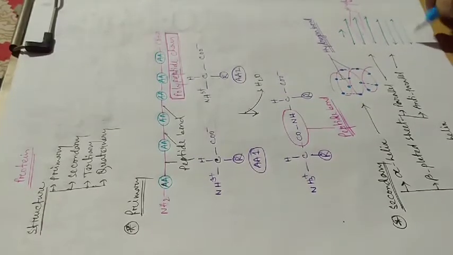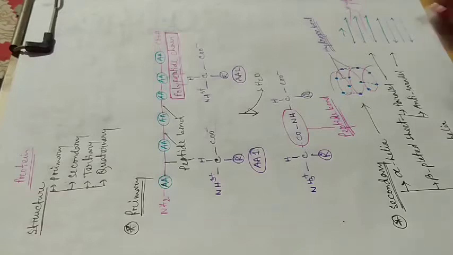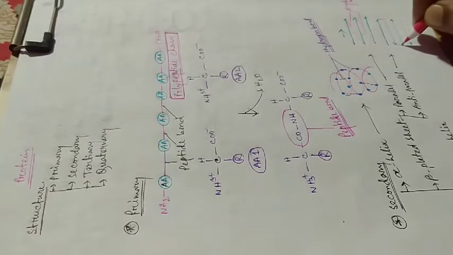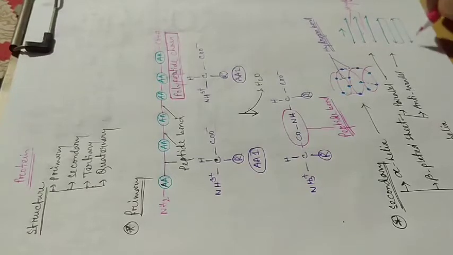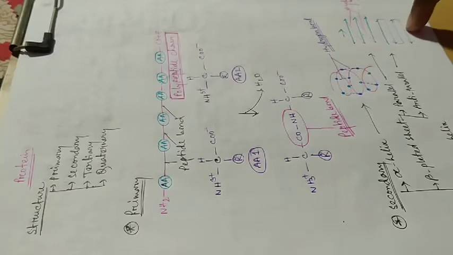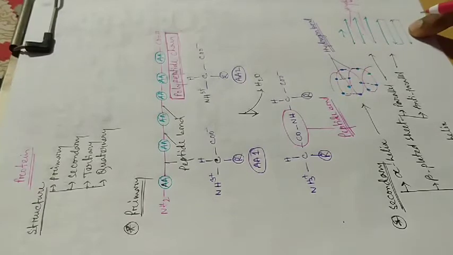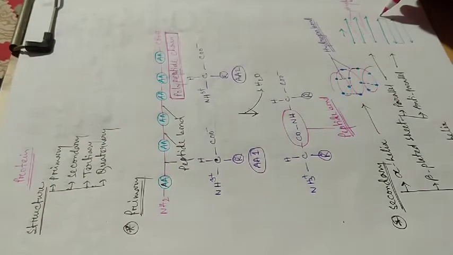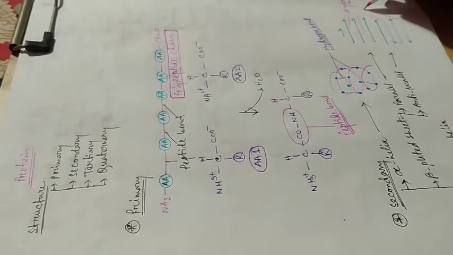For that, the hydrogen bonds will form between them. That arrangement of the peptide chains is called anti-parallel beta pleated sheet. These are the hydrogen bonds.